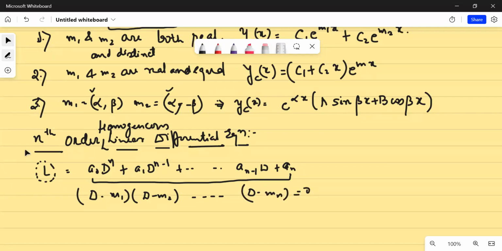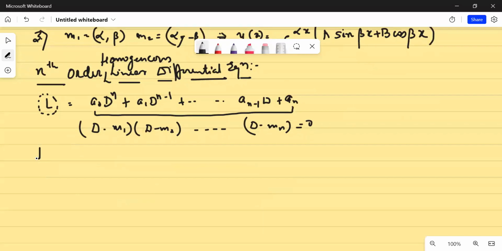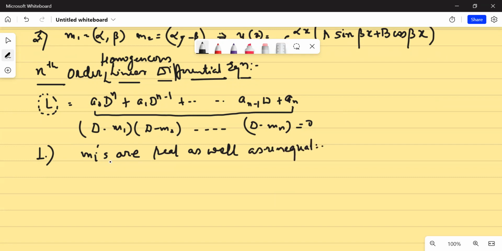So for instance, if all these mi's are real as well as unequal, the solutions can be written simply in this form. This is how you can write the complementary function.